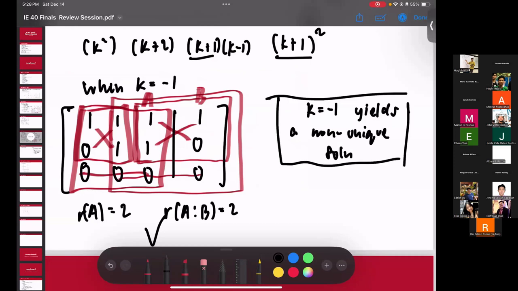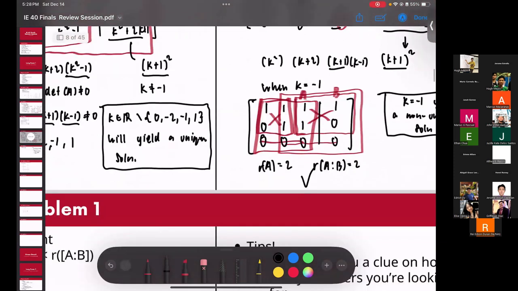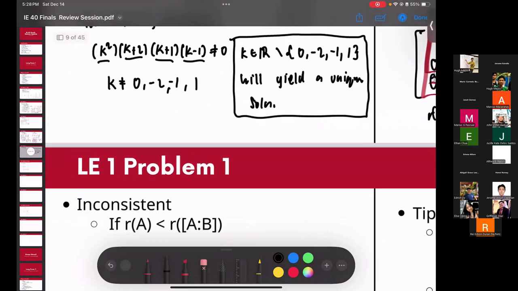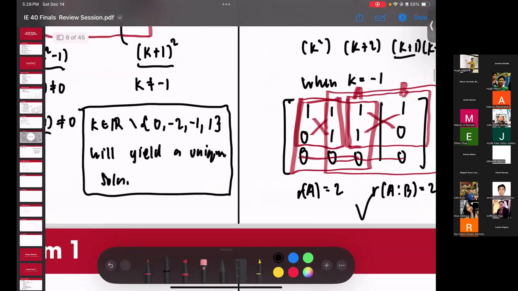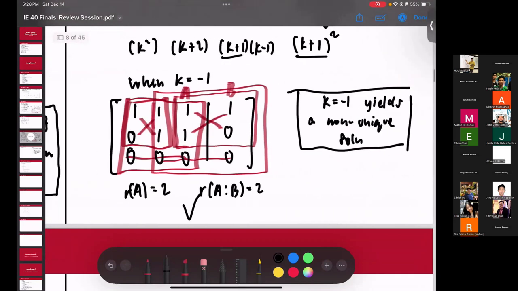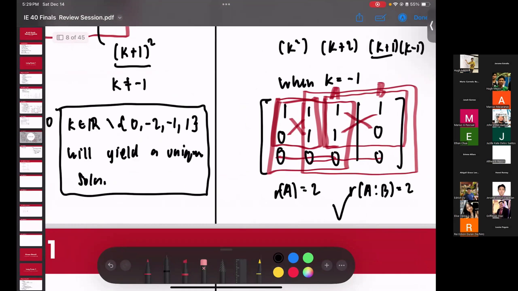Okay. So that's for the second part. For the third part, for inconsistent, going back to how we can use the information we got previously. We got that negative 1 gives an inconsistent solution.